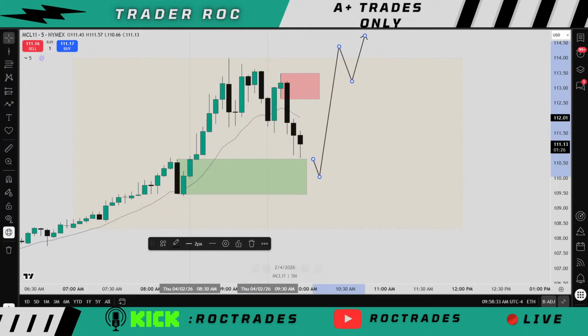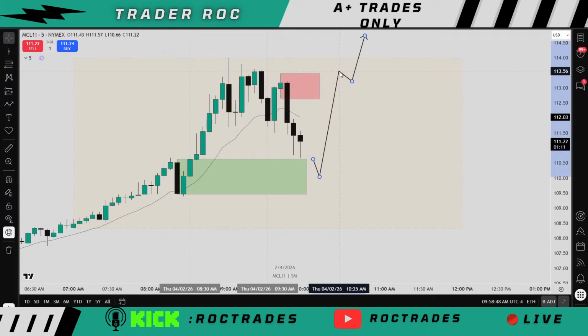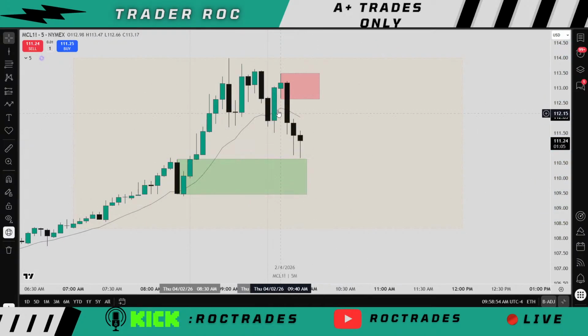This was simply just sending price back down into here, right? So if this level holds, you would anticipate this level to be broken. If this level fails to break, then you would anticipate this level to be broken. But it's just a matter of waiting it out.